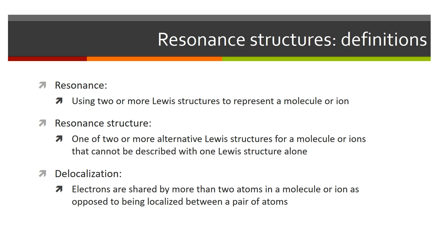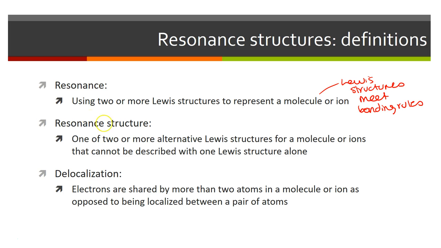Definitions that we need to know. Resonance is where we have two or more Lewis structures to represent a molecule or ion. So essentially these are Lewis structures that meet the bonding rules, having a complete octet or completing the valence shell.